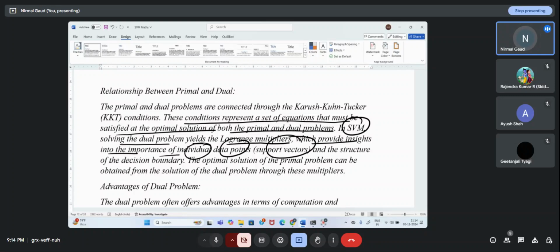And these conditions are the rules that are used to find the best solution in an optimization problem which is under constraint, especially under constraint. See, which are not in constraint, I don't have any issue with that. Only those which are in constraint, I am having an issue with them. So the KKT conditions could be like objective and constraints, stationarity, primal problem feasibility, dual problem feasibility, complementary slackness, like a balancing rule.